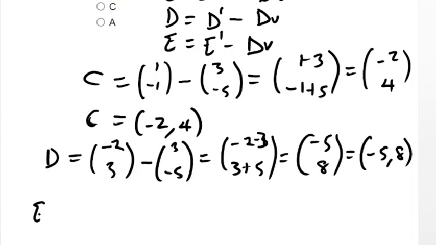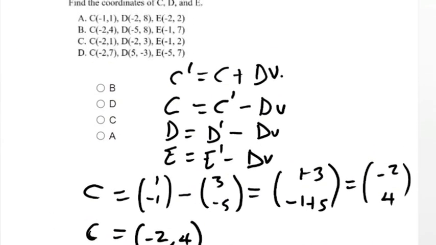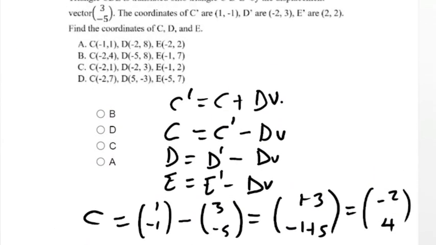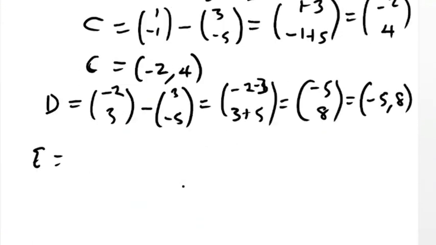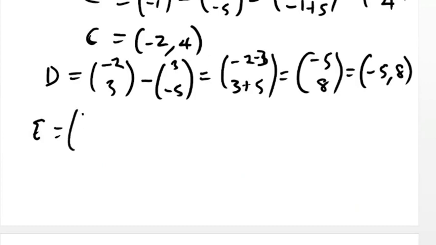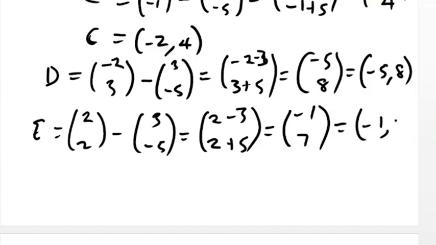Then E will be E prime, which is 2, 2, minus 3, -5. So that is 2 minus 3, 2 plus 5, so we have -1, 7, which is equivalent to -1, comma 7.